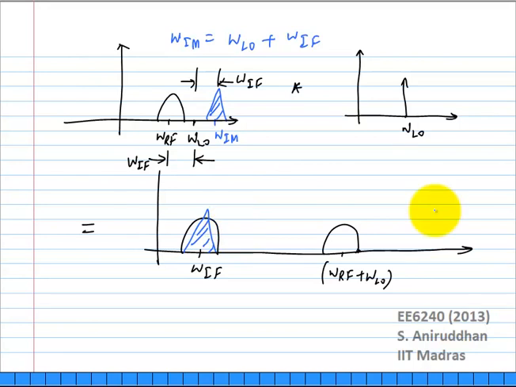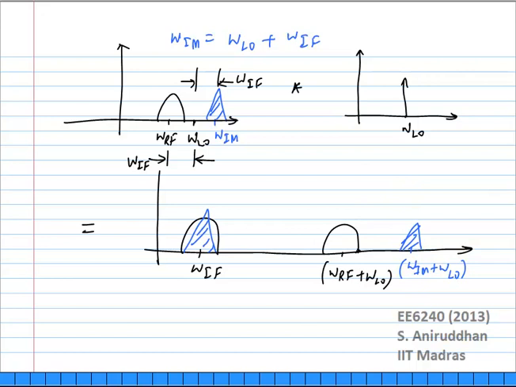And I'll get a second component somewhere up here. So this will be omega IM plus omega LO, which will be exactly 2 IF away from the original component. It will be 2 IF away from this guy.